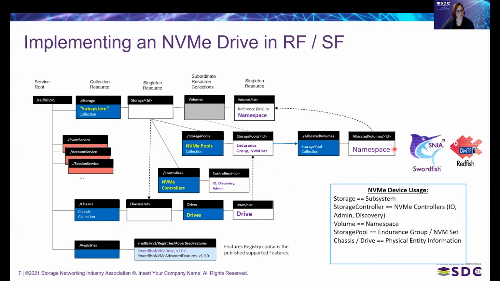And out of those, you can create namespaces. And then in the chassis space, of course, to represent all of the physical entity components, power, thermal, LED, all of that kind of information, we leverage the drive object.